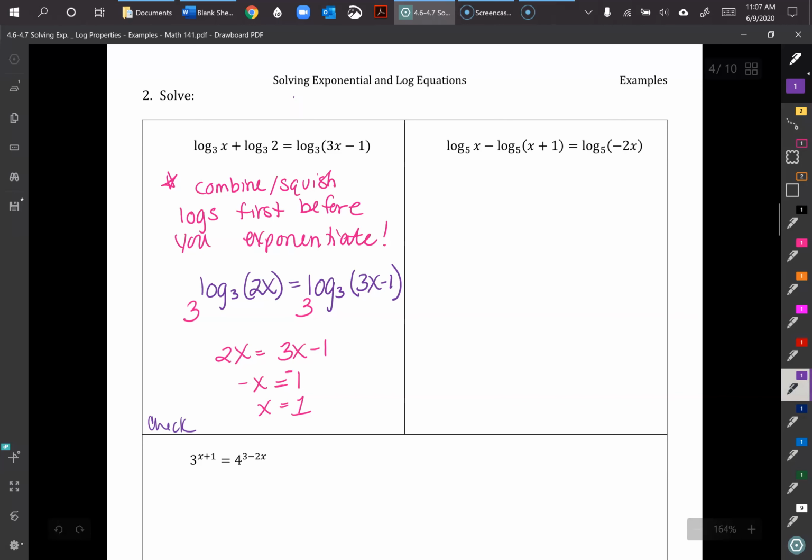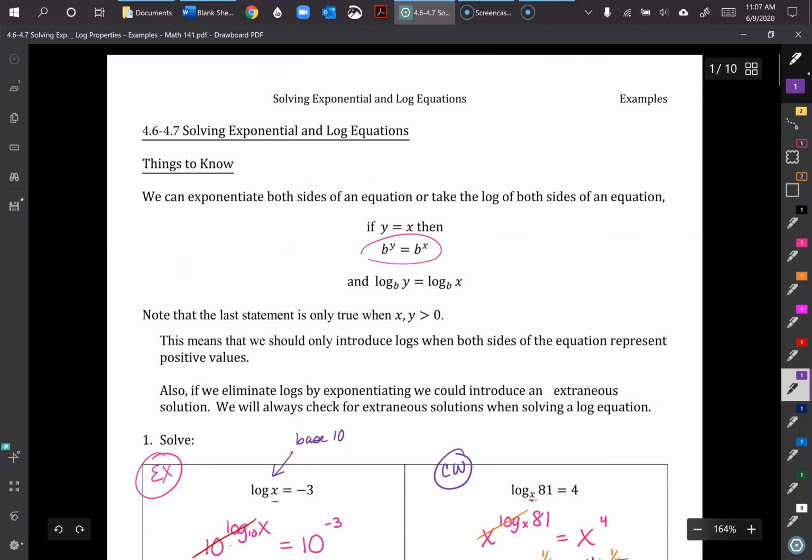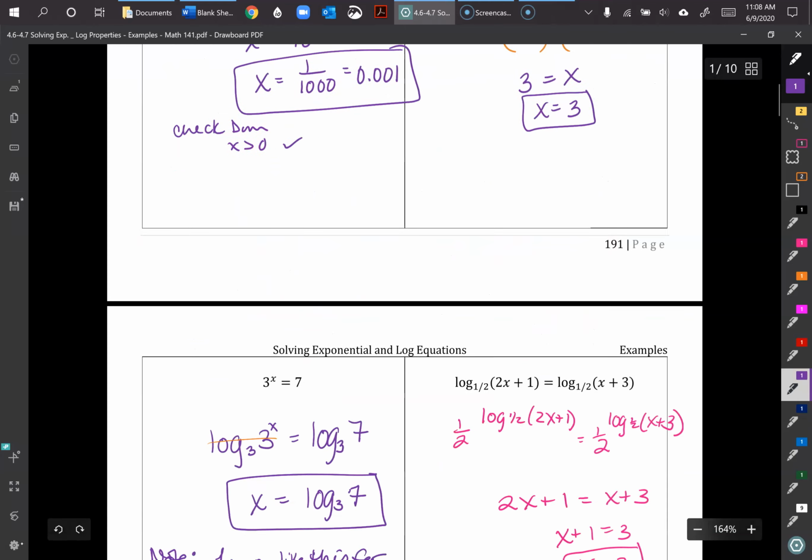Another thing you could think of it as: it must be in the form log base b of x equals log base b of y before we exponentiate. Just like the way back at the beginning, if you recall, this was what we're okay to do, not anything else.